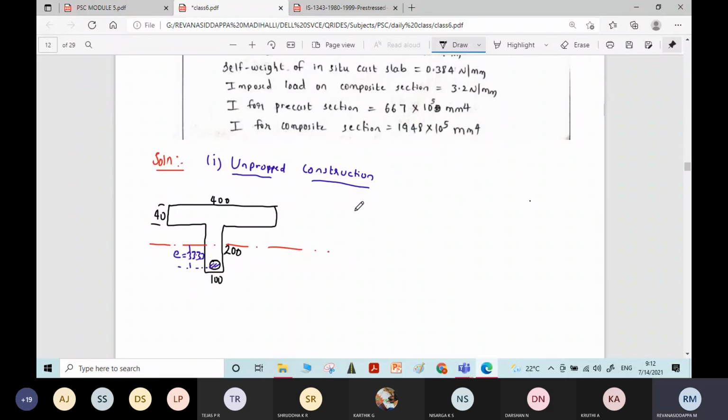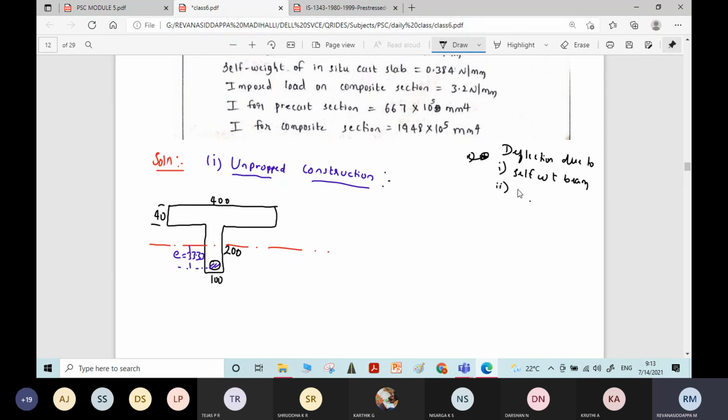When you want to calculate the deflection for a composite beam, there are a total of four kinds of deflection. First one is deflection due to self-weight of the beam.